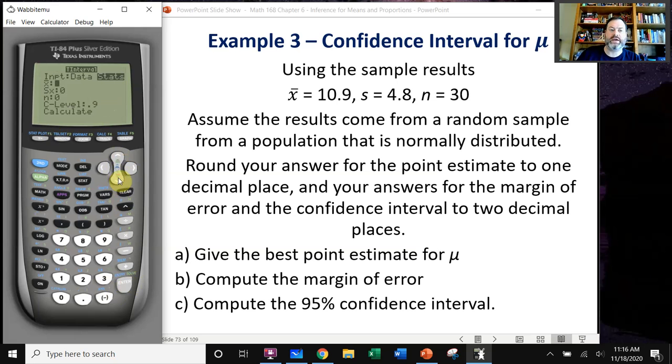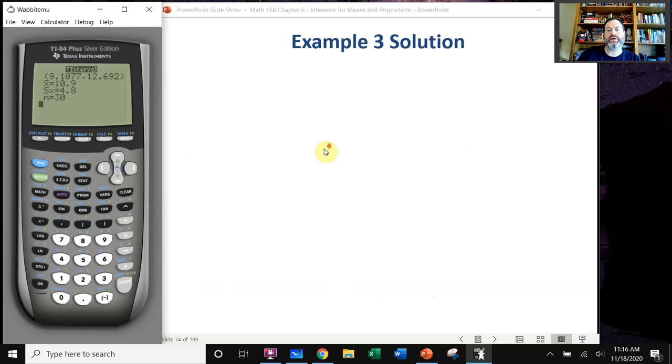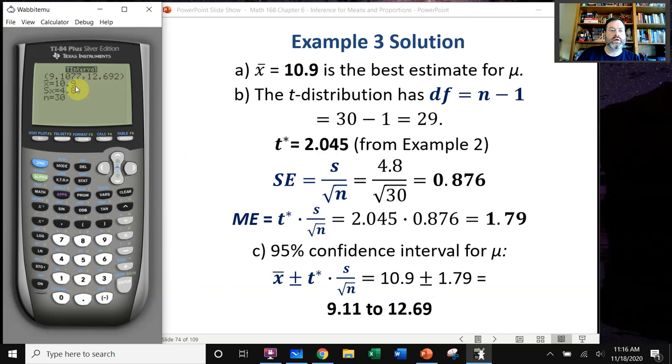You shouldn't have to type in the data. Just type in the stats. So x bar is 10.9. S is 4.8. N is 30. Confidence level, we want 0.95. And you can see it at the top there. 9.11 to 12.69. That's what we got.